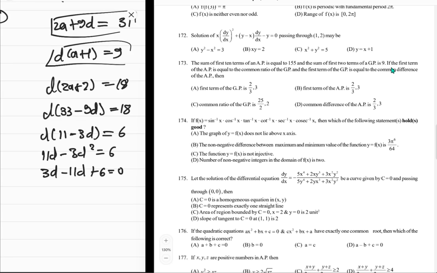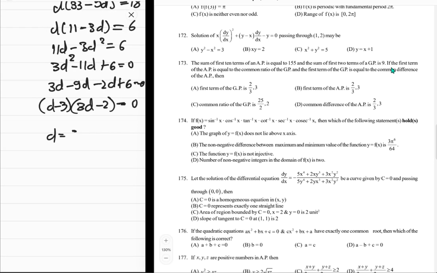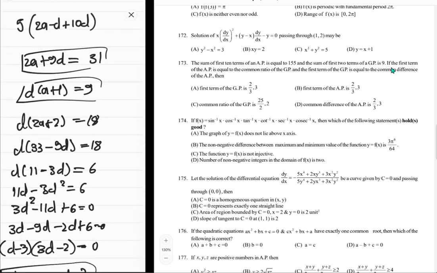So 18, 9 and 2 of course. 3D square minus 9D minus 2D plus 6 equal to 0. So D minus 3 आ जाएगा ना, right? And then यहाँ पे आ जाएगा 3D minus 2 is equal to 0. So D is 3 और D is 2 upon 3. तो अपने पास में दो इनफैक्ट पॉसिबिलिटीज है. Well, in both this is A क्या रहेगा?